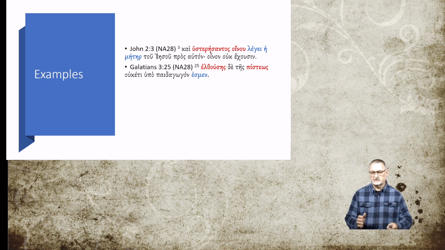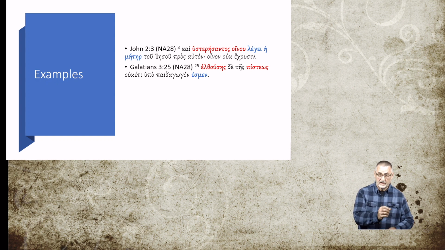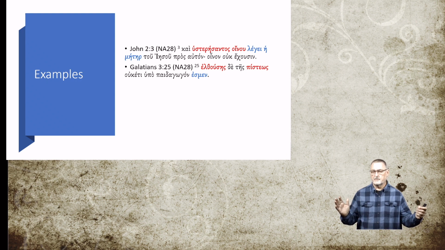And so it says, but when faith had come, faith being the subject of the participle, the verbal idea of the participle, elthouses, but when faith came, that's the background information, we are no longer under the tutor.